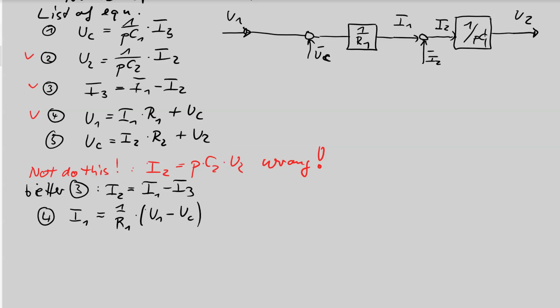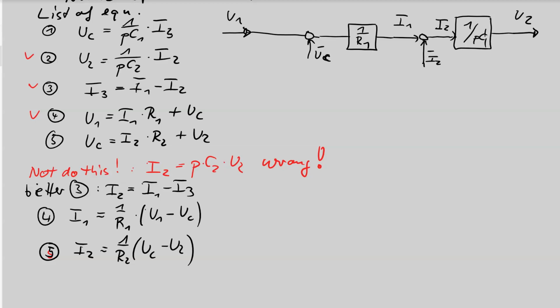So equation 5, in black please, is used for I2. I solve equation 5 for I2. This is 1 over R2 times UC minus U2.